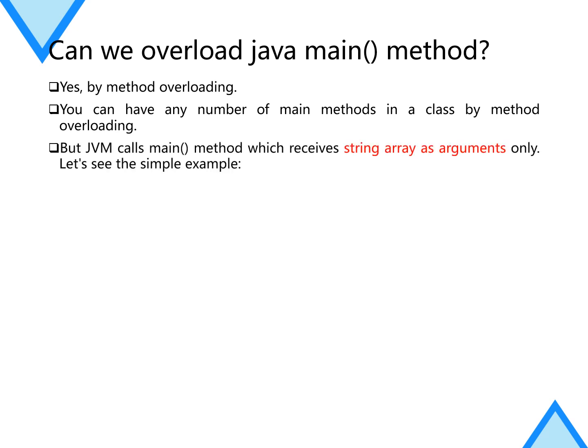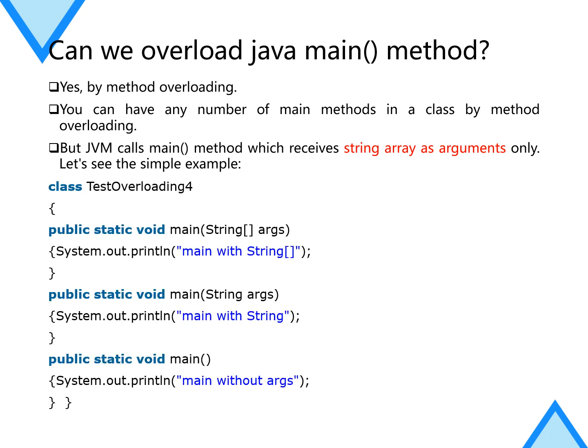But the JVM calls only the main method which receives a string array as argument. You can have multiple implementations of the main method, but the Java Virtual Machine will call only the one which can receive a string array as argument.